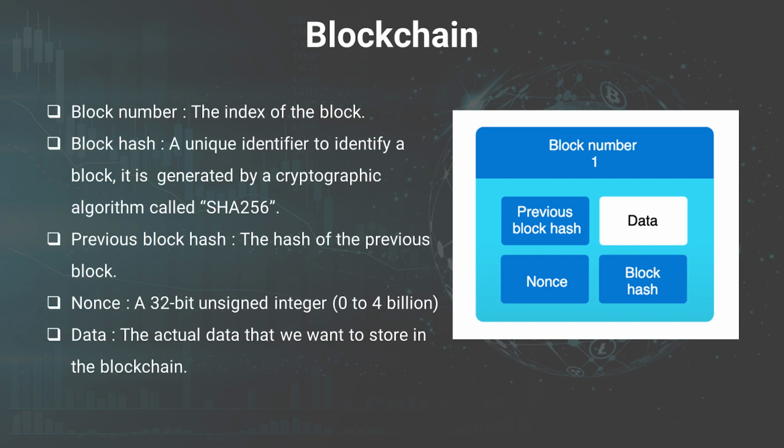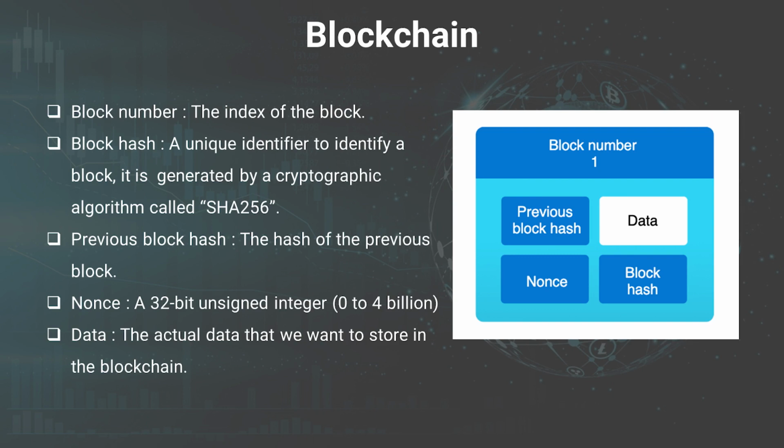Let's take only the first block and try to understand what each parameter means. The block number, as you can guess, is the index of the block. If it is the Genesis block, the block number is 1, then block number 2, 3, 4, and so on. And the block hash, as I said, is a unique identifier for each block. This unique identifier is generated by a cryptographic algorithm called SHA-256.